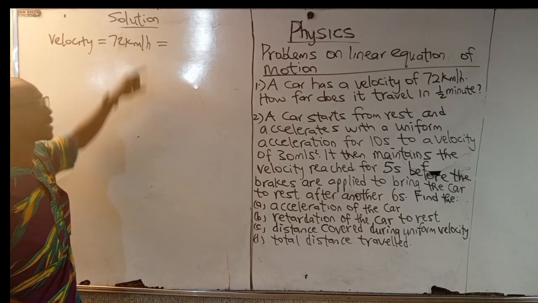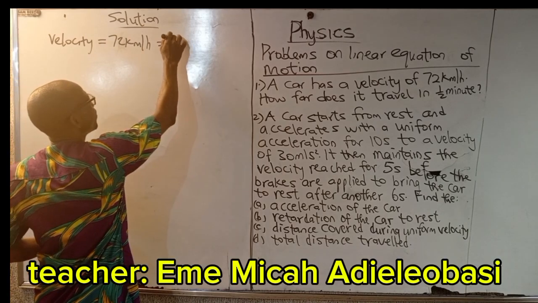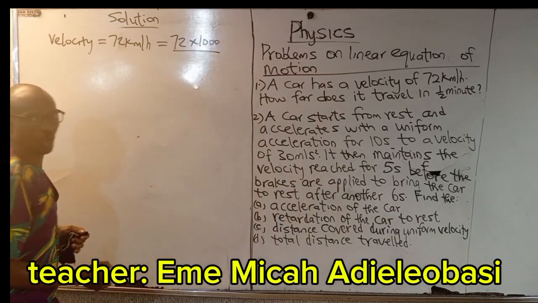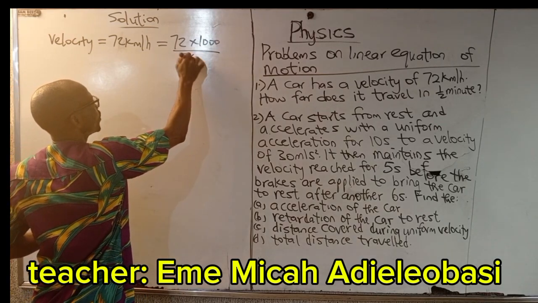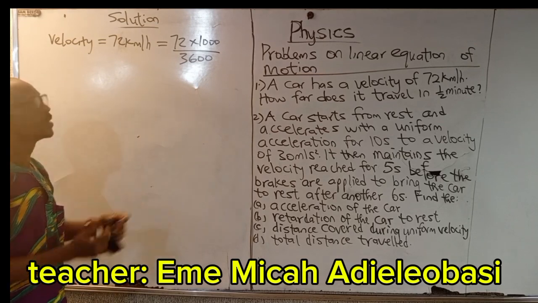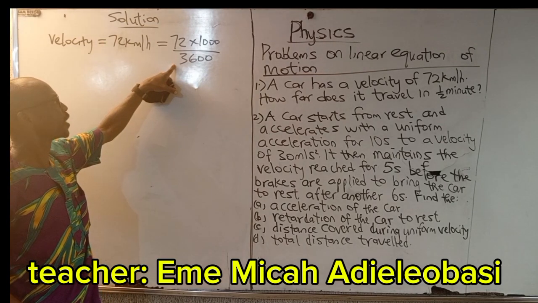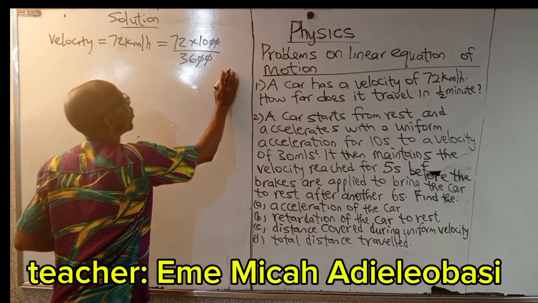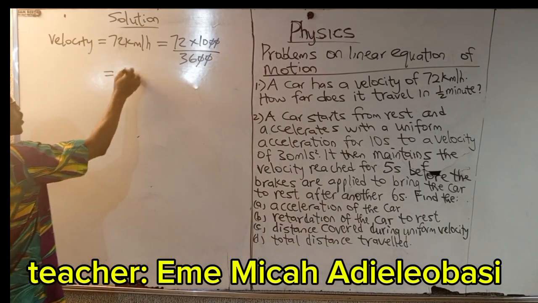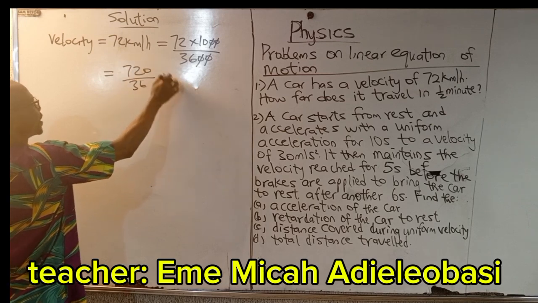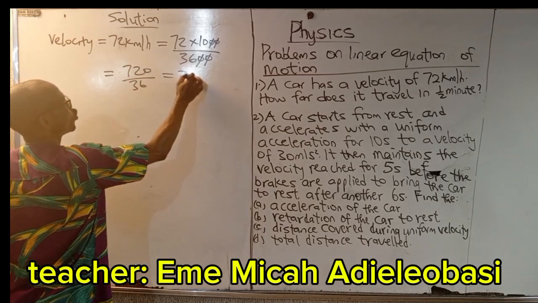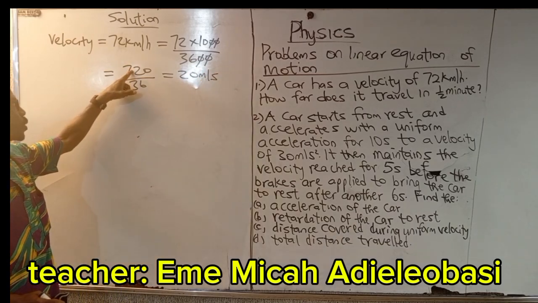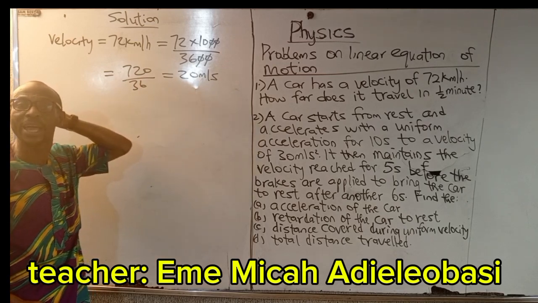We are going to have 72 times 1,000 all over 3,600. When we convert this now, cancelling the zeros, we have 720 over 36, and this gives us 20 meters per second, because 36 will divide this 20 times.